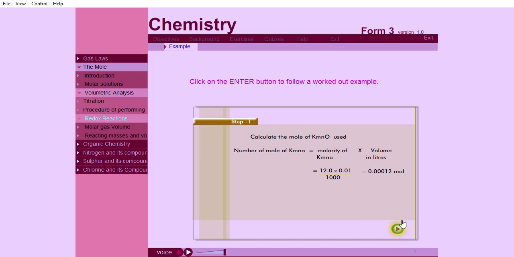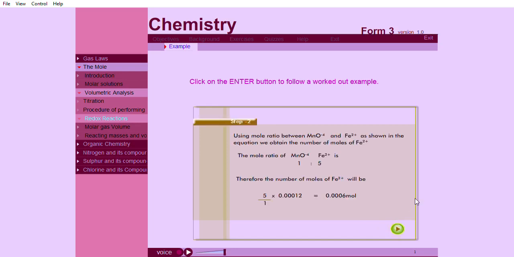0.00012 moles. Step 2. Using the mole ratio between manganate ions and iron 2 ions as shown in the equation, we obtain the number of moles of iron 2 ions. The mole ratio of manganate ions to iron 2 ions is 1 to 5.